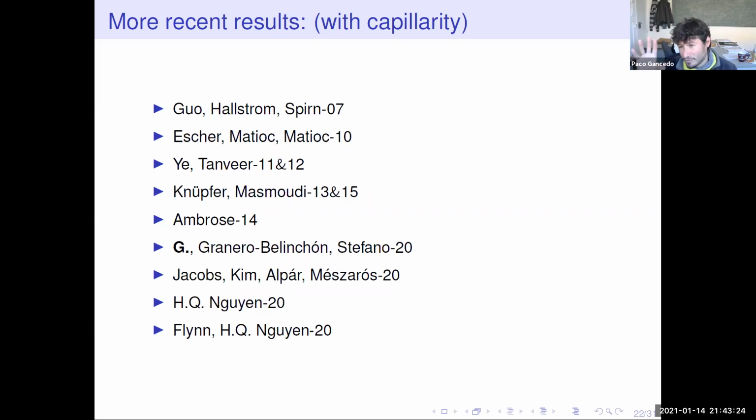Critical, I mean, in terms of the scaling. Here with capillarity there is no scaling, but somehow you can have a scaling similar to the one without capillarity. And also there is convergence in any subcritical case, a very sharp result due to Flynn and Hui and Nguyen, when surface tension goes to 0, recovering a stable situation from the capillarity solution.